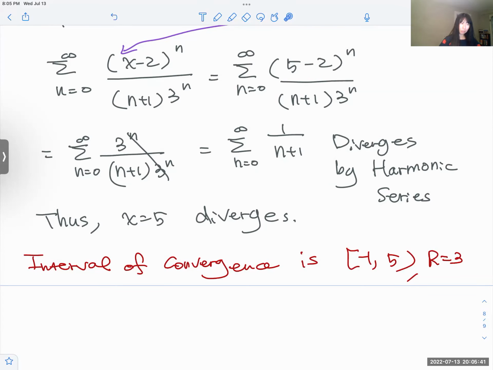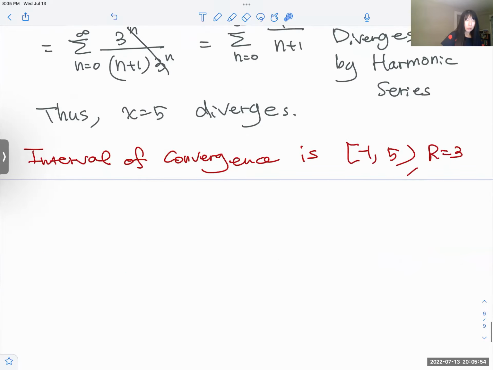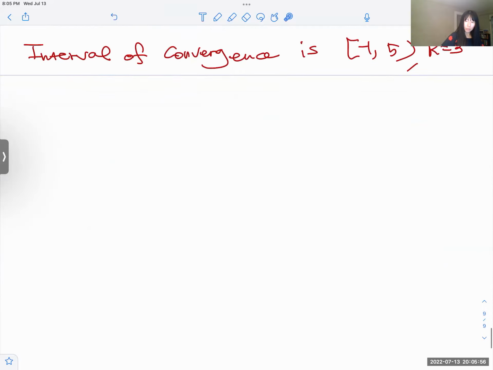So we did everything about the power series, interval of convergence, and radius of convergence. It's a different topic right now. So we have a power series.